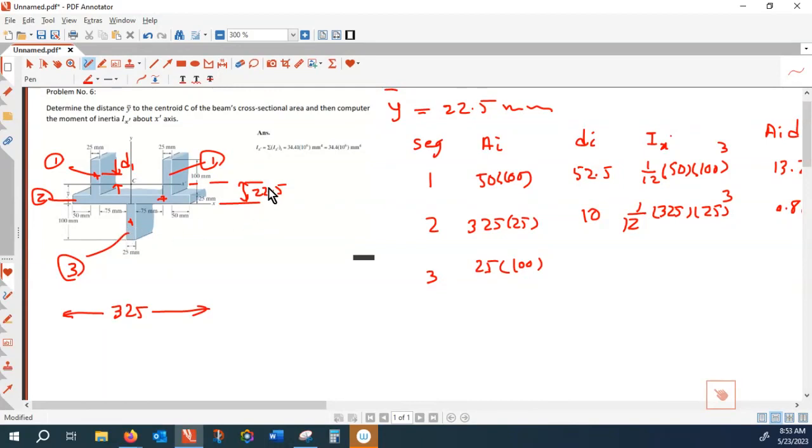So that 55 measures from here. That is D3. So D3 is 50 plus 22.5, that is 72.5.